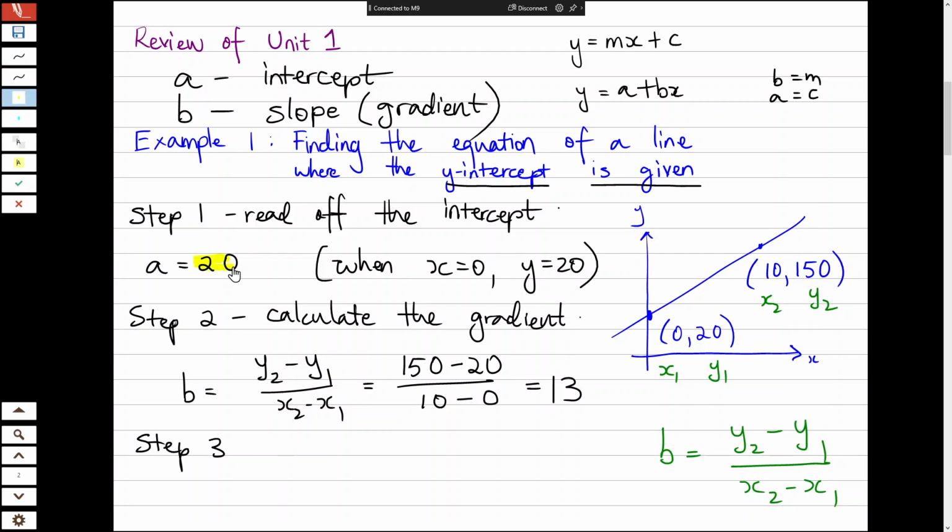So we've got the intercept, we've got the slope, and those are going to be the two numbers, a and b, in my equation y equals a plus bx. Our final answer to the question involves stating the equation. So I can write y equals 20 plus 13x. Notice that I've replaced a and b with the numbers that I calculated in the question.